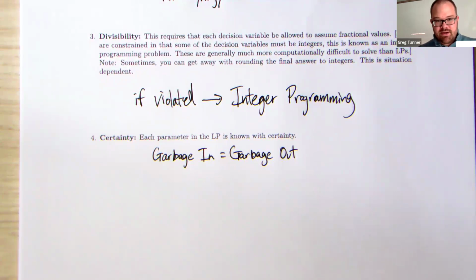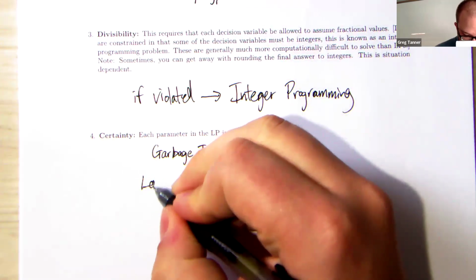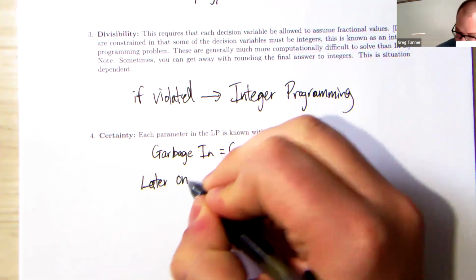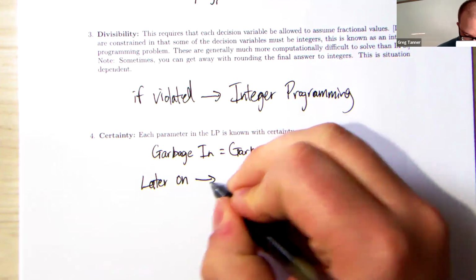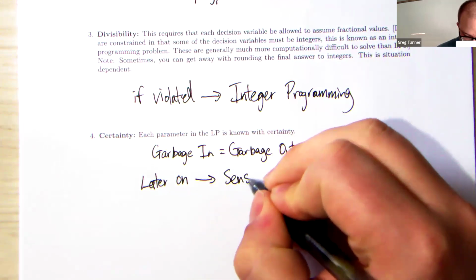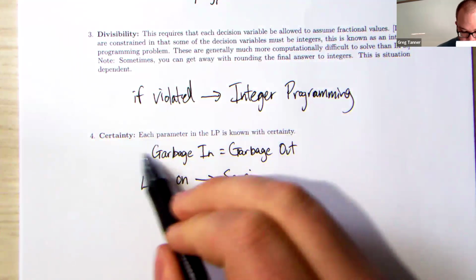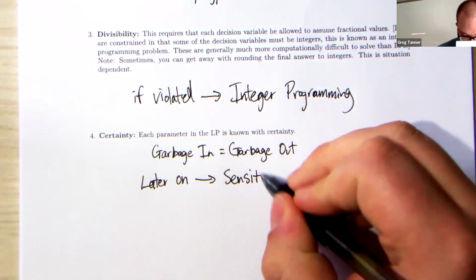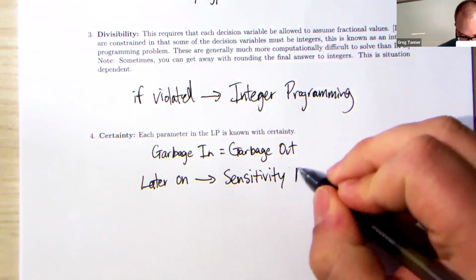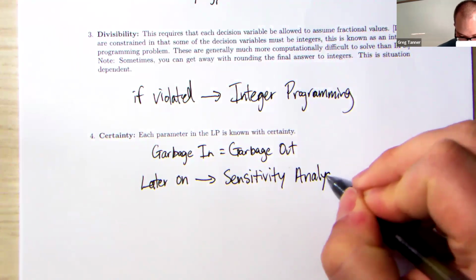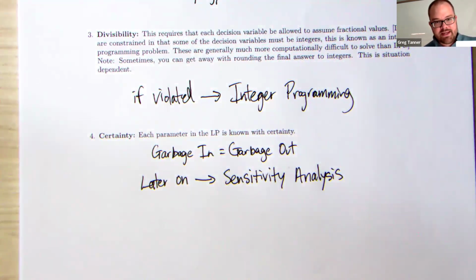Okay, and so if it turns out that the true value of the profit changes drastically, we should expect the optimal solutions to change. And later on, we'll do a little bit of what we did at the end of the last example. The solution to not knowing for certain is to do sensitivity analysis, which is essentially what-if analysis on what happens as I change the various parameters of the problem.